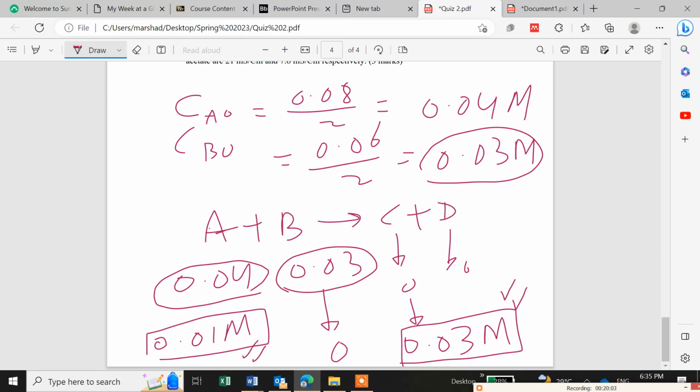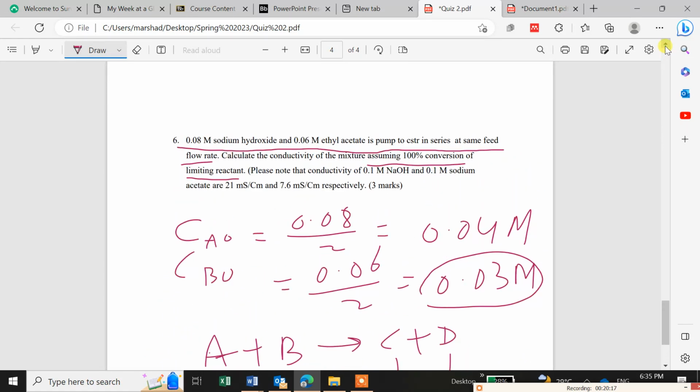Separately we will find it, we know the concentration, we can plug into the correlation given to you, and then we can add. So in this way we can find lambda infinity. This is basically asking about lambda infinity. Okay, so that's it. Hope it's clear.